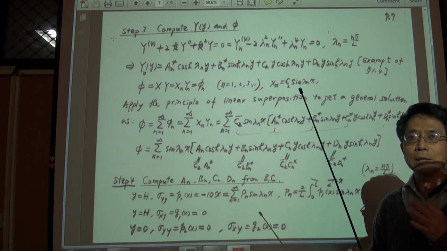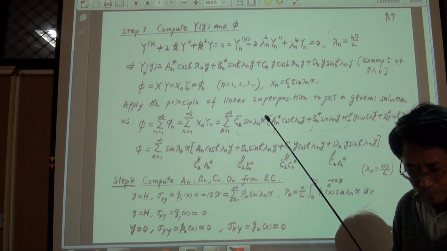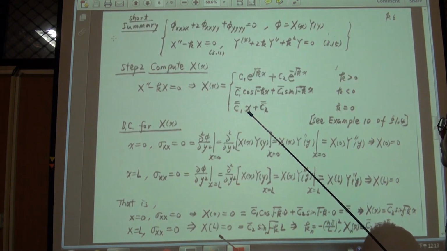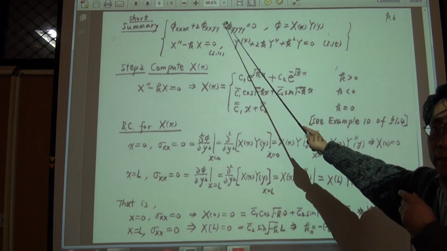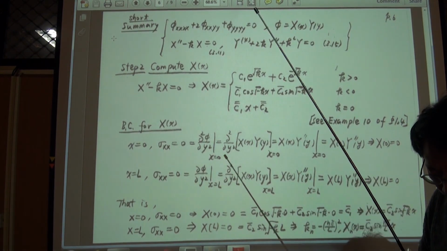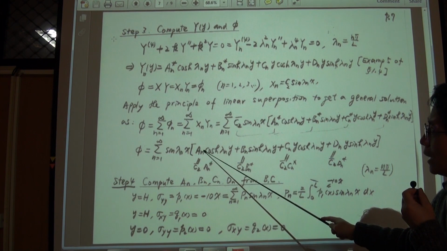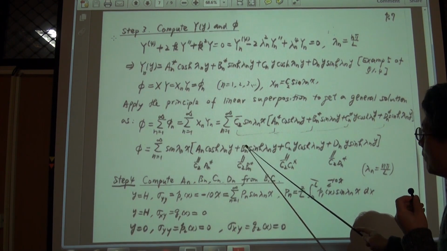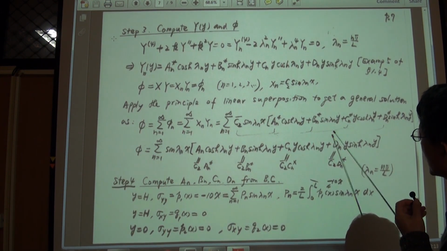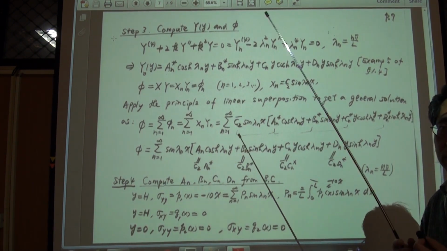This Fourier series is obtained by solving the differential equation like this. Solving this equation in x and y, you finally end up with this Fourier series. And this Fourier series contains some arbitrary constants, and these arbitrary constants can be obtained by the boundary conditions.